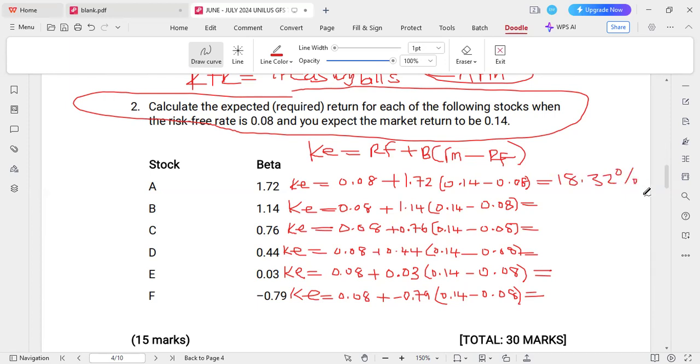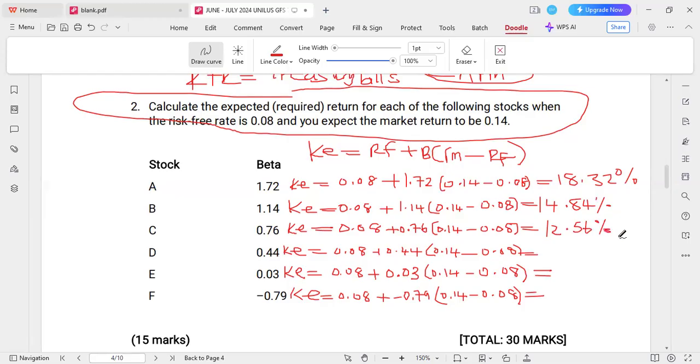And then, of course, the other one is giving us 14.84%. Then the other one is giving us 12.56%.